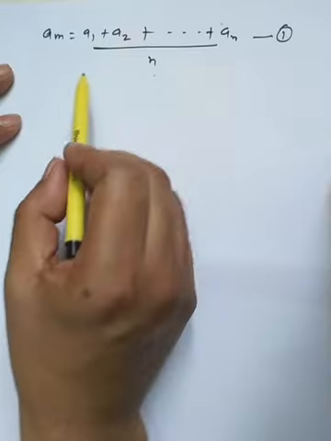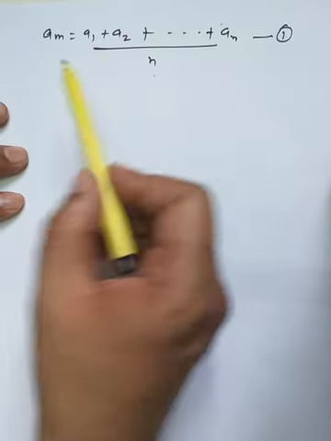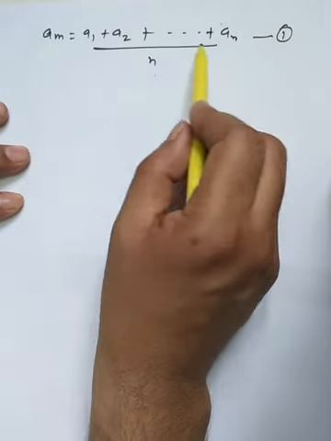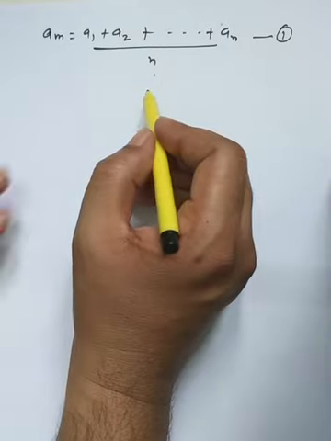I have written the general formula of the arithmetic mean of all individual measurements: a1 plus a2 plus up to an, divided by the number of times we have measured.